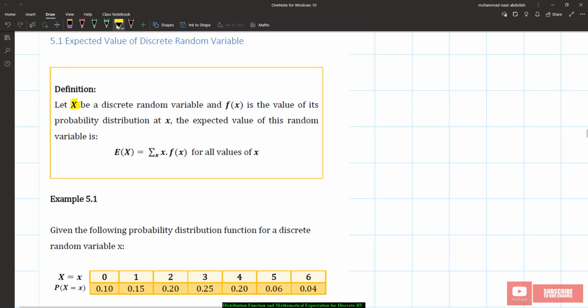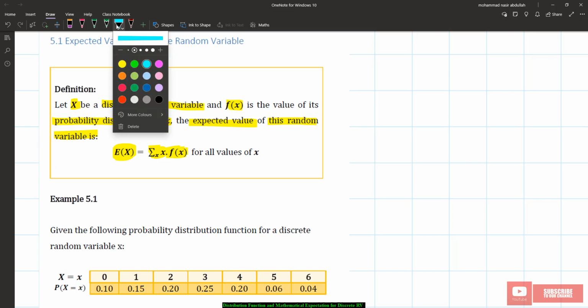Let x be a discrete random variable and small letter f(x) is the value of its probability distribution at x. Then the expected value of this random variable is noted as E(x) equal to the summation of x multiplied with f(x).